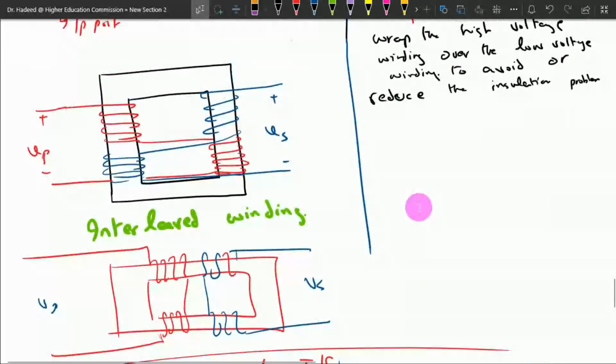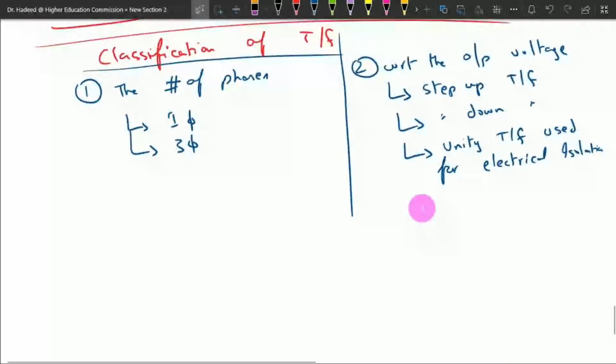They are enameled wire, they have the insulation, so they are not passing any current into the core of a transformer. So this is the second classification of a transformer.